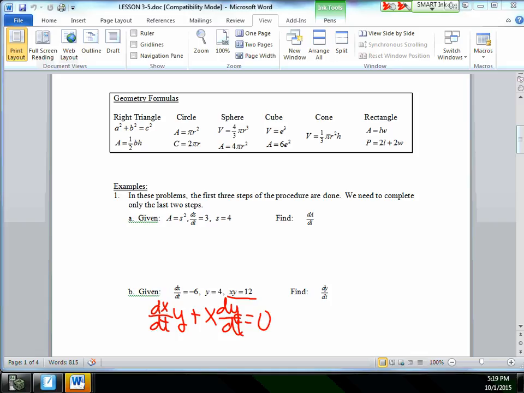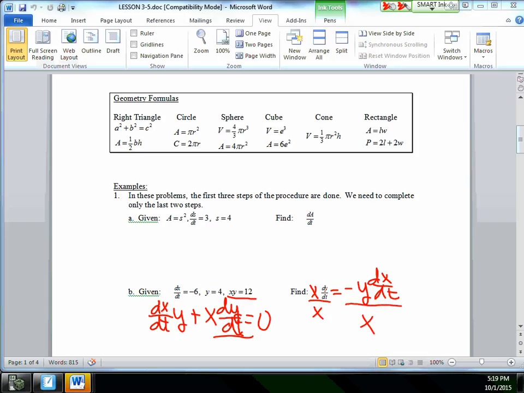Well, we're trying to solve for dy/dt, so I need to get that all alone, so subtract that over. I'm going to come right there, dy/dt times x equals negative y times dx/dt. Last move to get dy/dt all alone, divide by x.